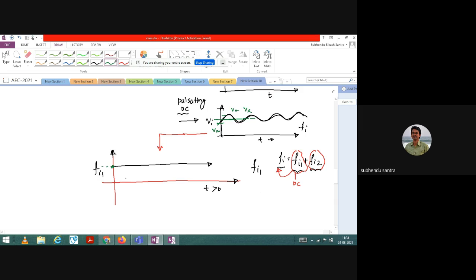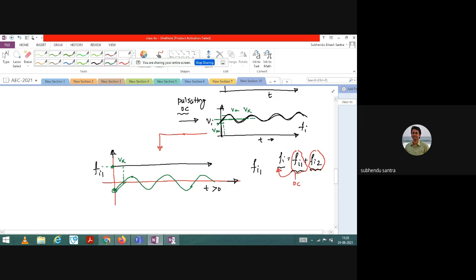So this line is Vx, and you can see the input signal is less than Vx here, so I have to subtract. At that particular point they are similar, so I make it 0. This is the point, and then after that it increases. This is the positive half, it increases. Similarly, if you draw it, you will get like this.